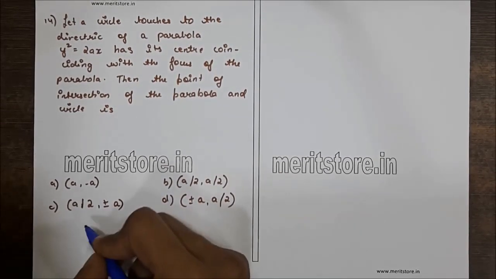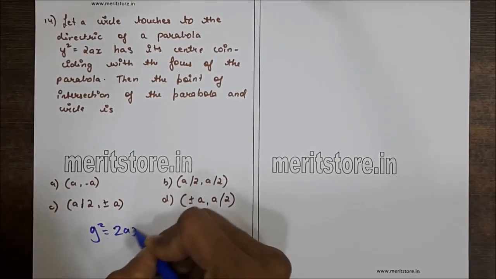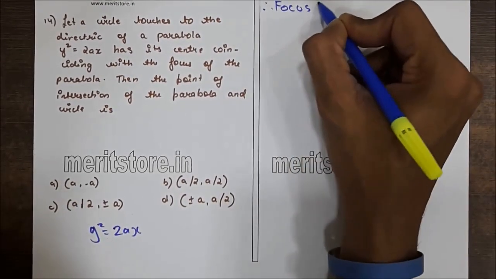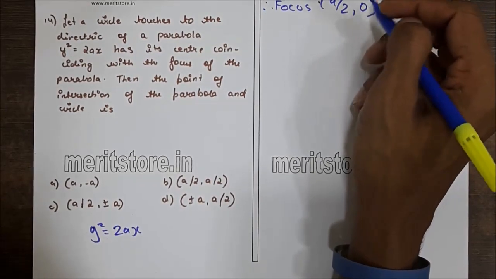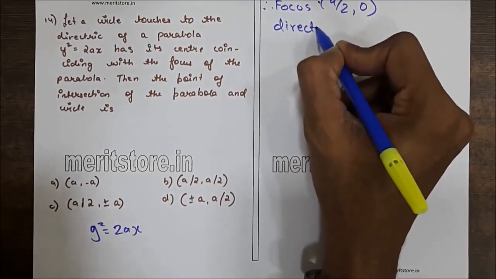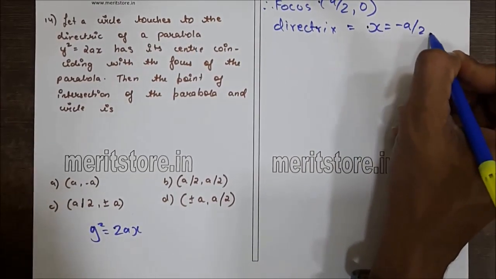Given parabola y square is equal to 2ax, where the focus is a by 2 comma 0 and the directrix is given by x is equal to minus a by 2.